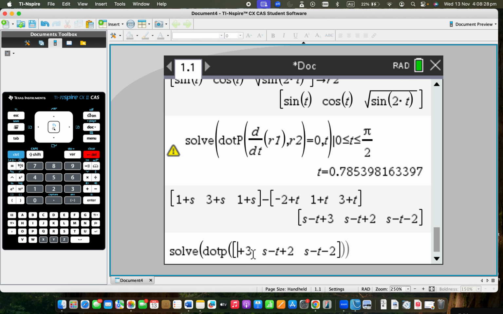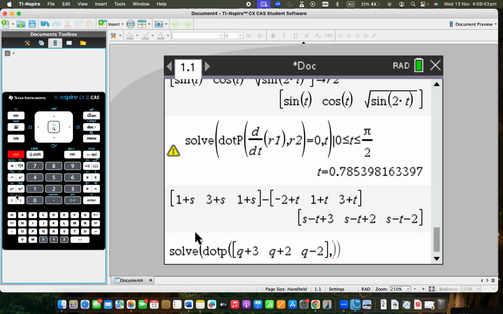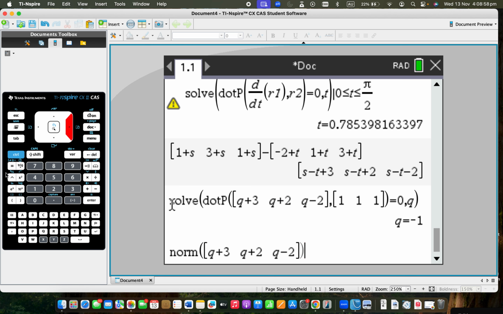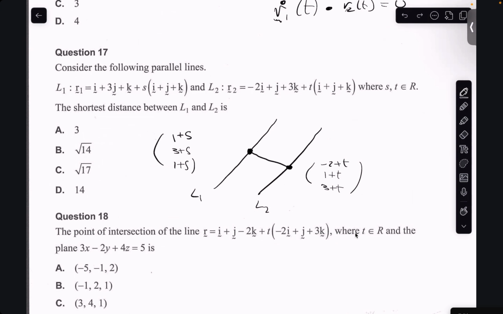So just say q, and the direction vector of the thing, which is 1, 1, 1, is equal to 0. So q is negative 1, and we want the magnitude of that vector when q is negative 1. So the norm of this when q is negative 1 is root 14.